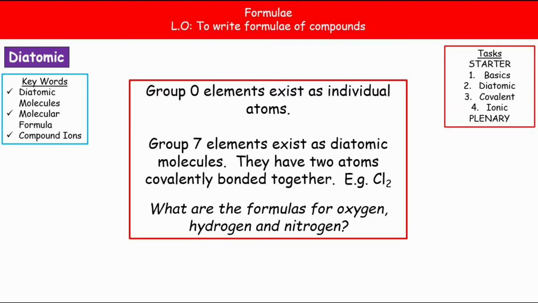And please learn that now, because we're just starting C3 at this point, and this is something that will come back and bite you if you don't learn it in C4, in C5 and in C6. So make sure that you know if it's group 7 or if it's some of those common gases, then they go around as diatomic molecules, always with the subscript 2. So write down those first 3 sentences for me and then have a go at writing down the formulas for oxygen, hydrogen and nitrogen for me.